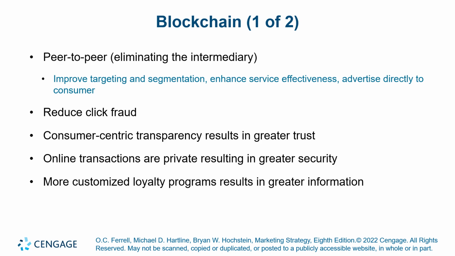This actually eliminates intermediaries, going peer-to-peer from the seller of the currency, Bitcoin, to the buyers. With peer-to-peer transactions, it definitely improves targeting and segmentation. It will enhance service effectiveness and advertise directly to consumers. So that's the kind of thing it can bring to marketing.